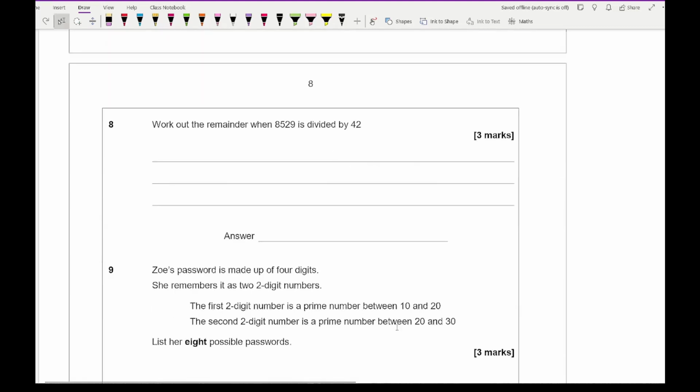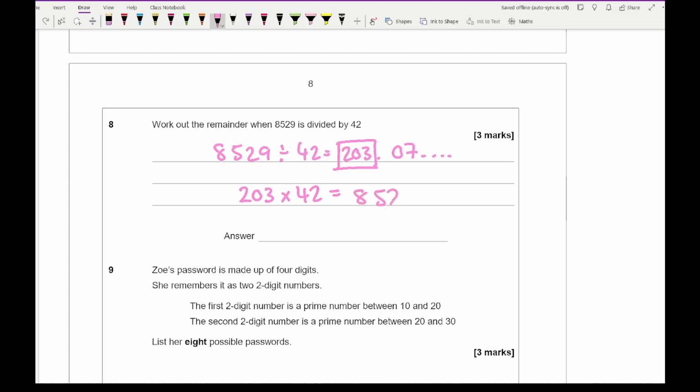Moving on to question 8, it says work out the remainder of 8,529 divided by 42. Well, if I do 8,529 divided by 42 on the calculator, I get an answer of 203.07 and so on. So if I round this number down and just take 203, I've got 203 multiplied by 42, which gives an answer of 8,526.